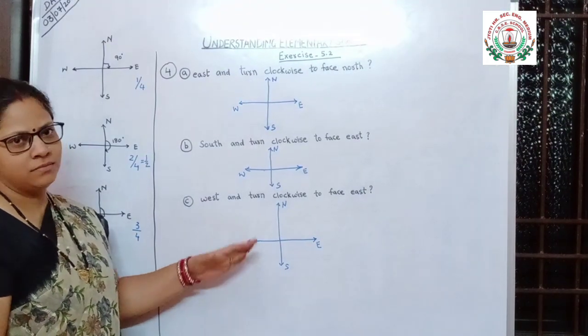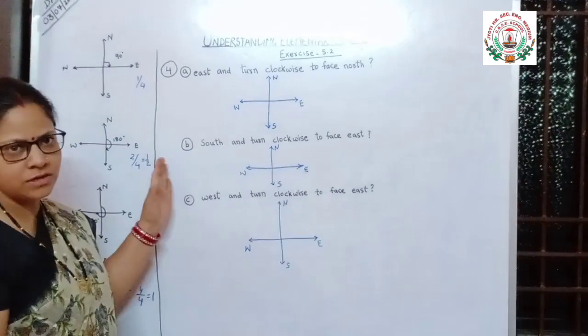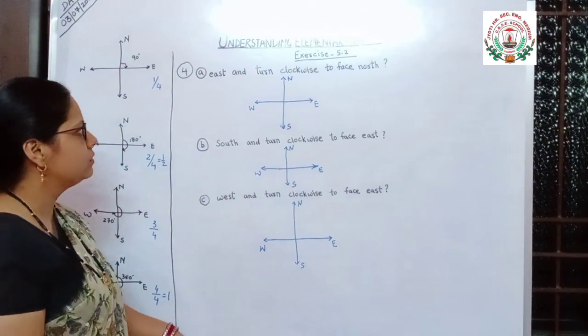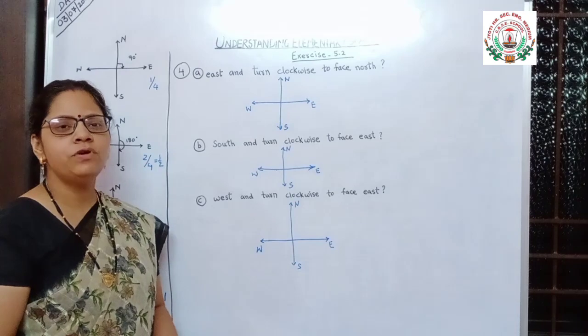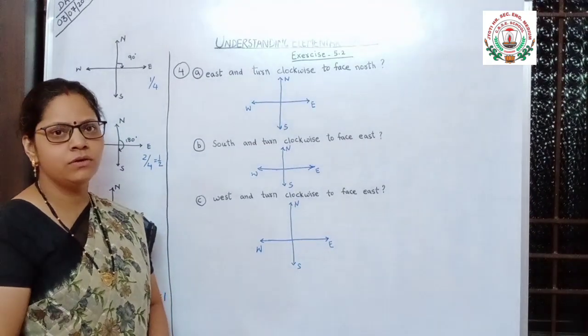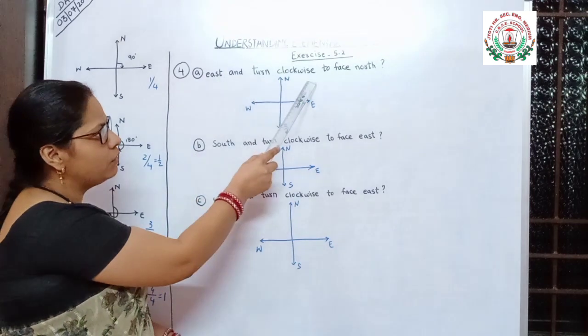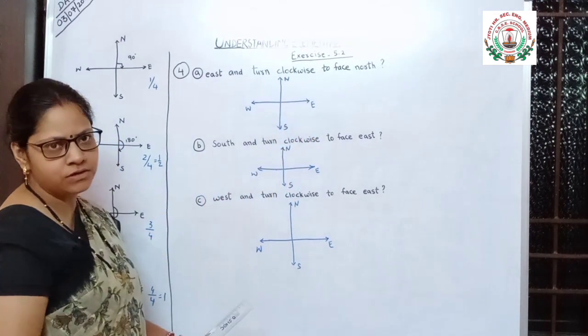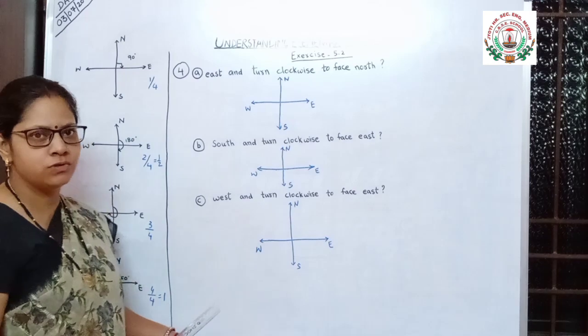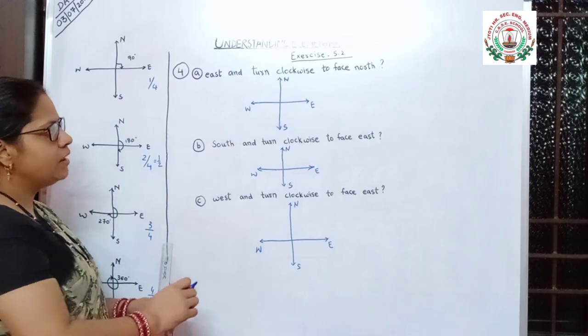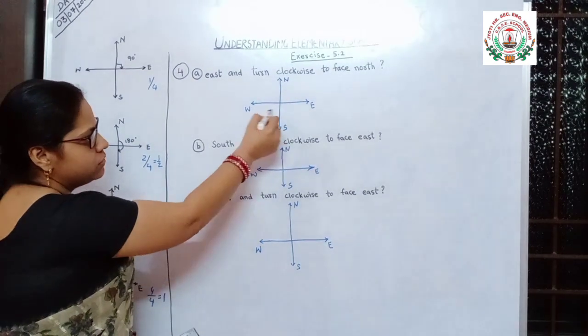The same related to the directions we are having question number 4 also. Here it is asked, which part of a revolution you have covered if you are facing towards east and turning clockwise to face the north direction. Which part of a revolution you are covering? Here you are having the 4 parts, 1, 2, 3 and 4 parts.